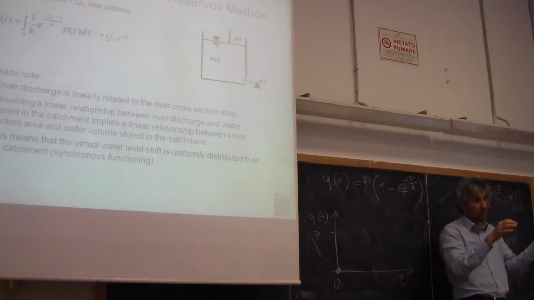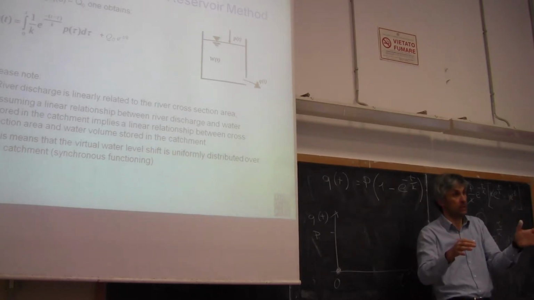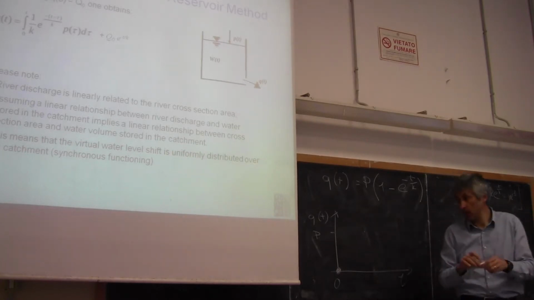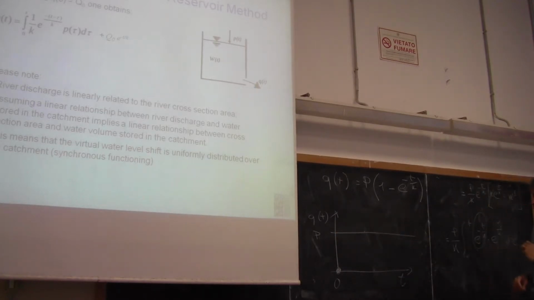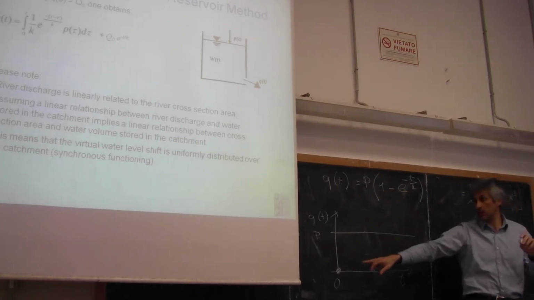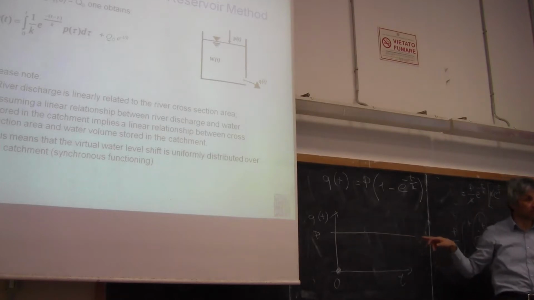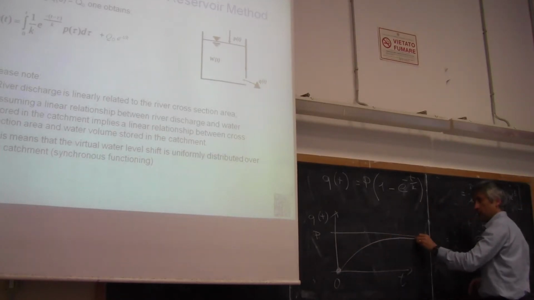One is volume of rainfall and the other one is volume of river flow per unit time. So they have the same dimension. Okay, so I can just indicate here the level of P. And what I see from this relationship, again, is that for increasing time, Q tends to P. So this is something that I expect to be like that.